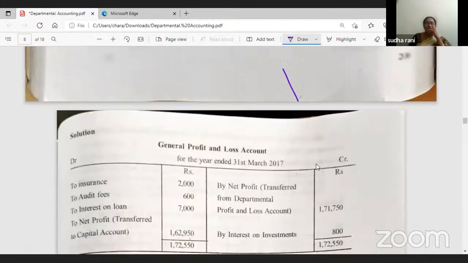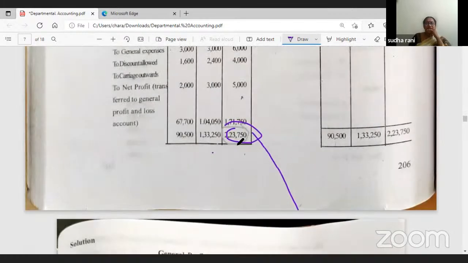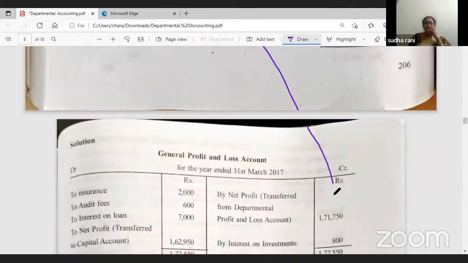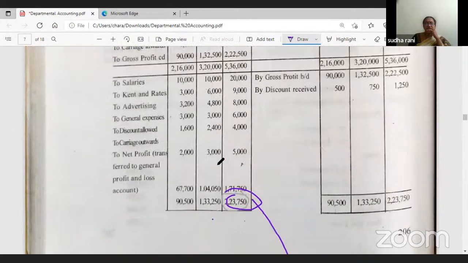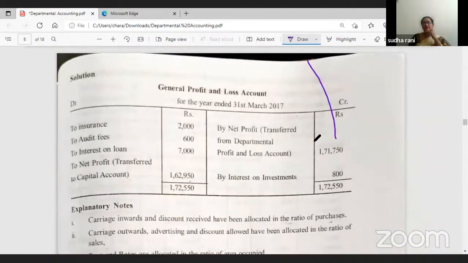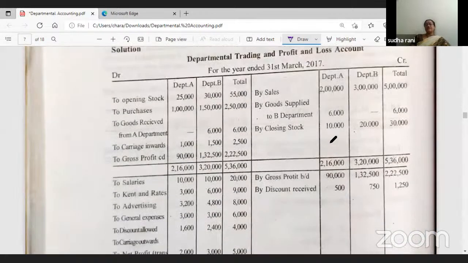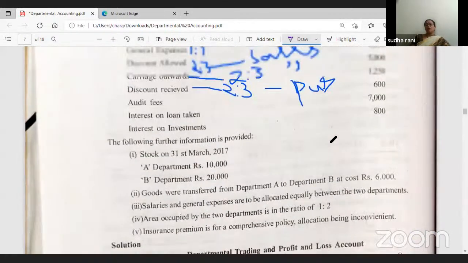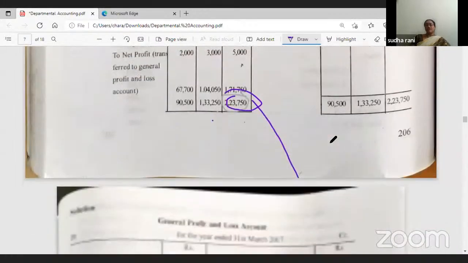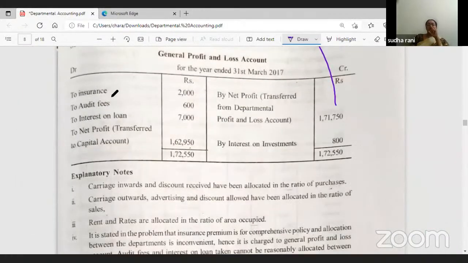See here it is, 1,71,000. It's on the credit side, transferred from the departmental accounts. Now, what are the expenses that we have not taken over there? All those expenses are to be taken in this common account. So what didn't we take?